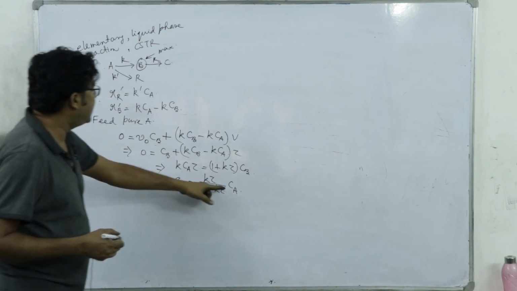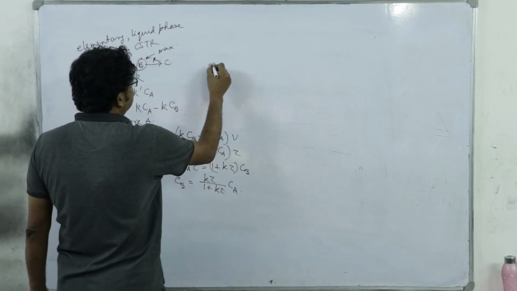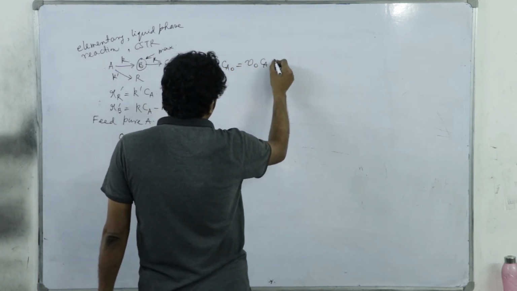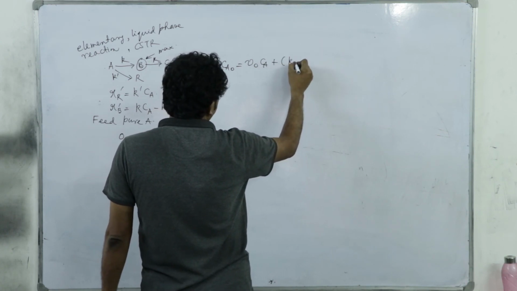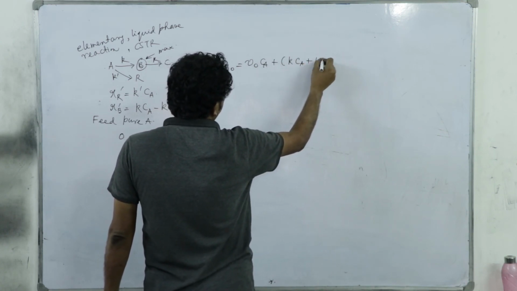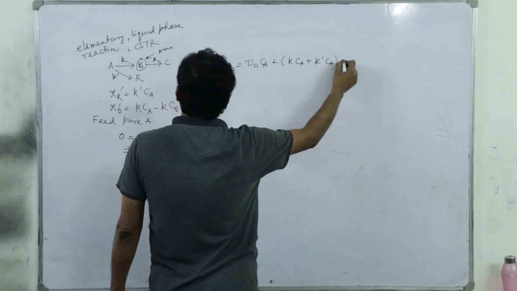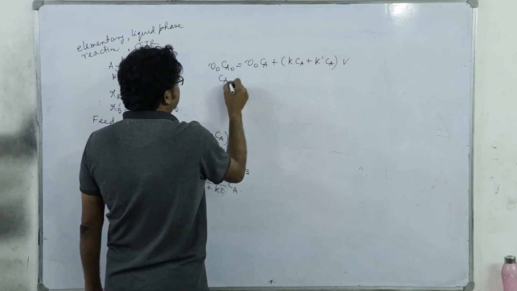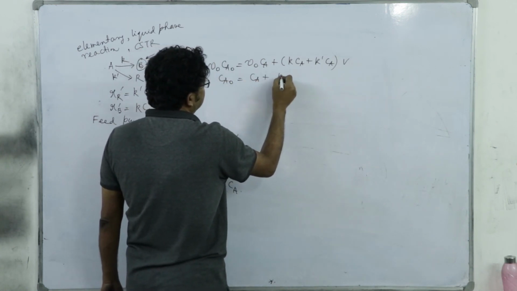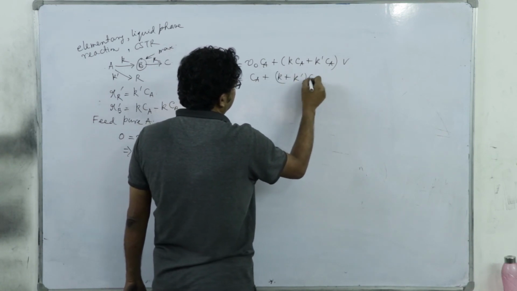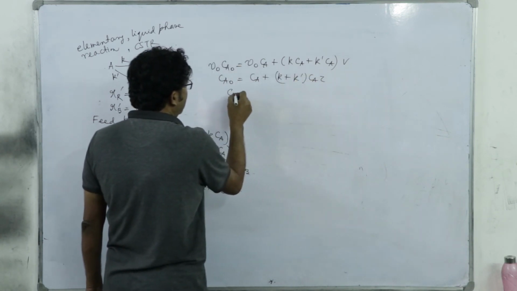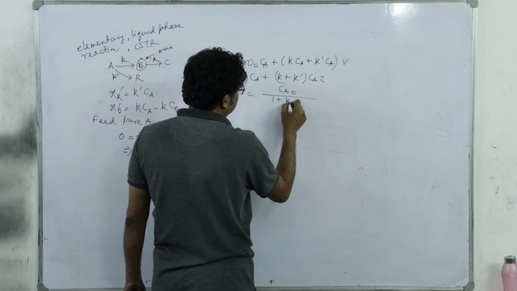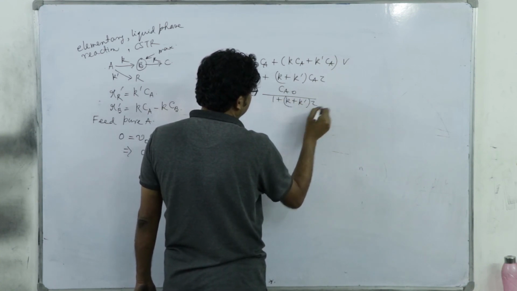Now for A, we have inflow V0 into Ca0, outflow V0 into Ca, disappearance by chemical reaction (K Ca plus K prime Ca) into V. So Ca0 equal to Ca plus (K plus K prime) Ca into tau. So obviously Ca is equal to Ca0 divided by 1 plus (K plus K prime) tau.